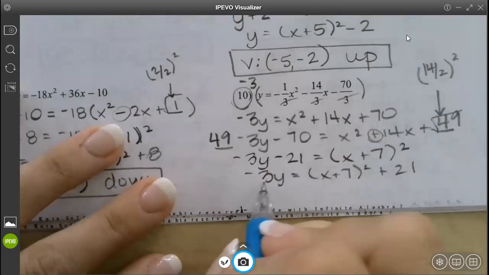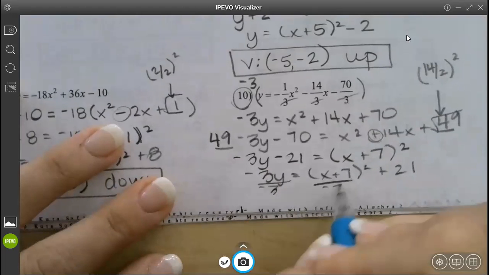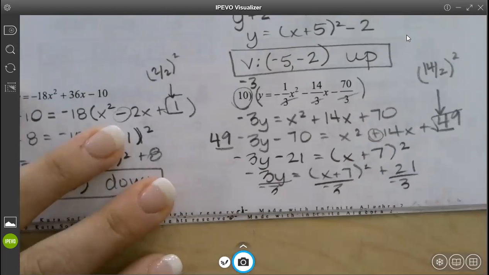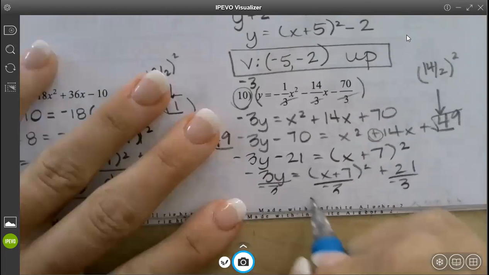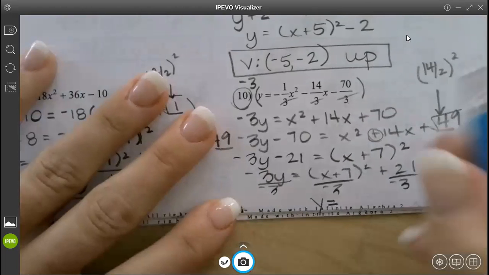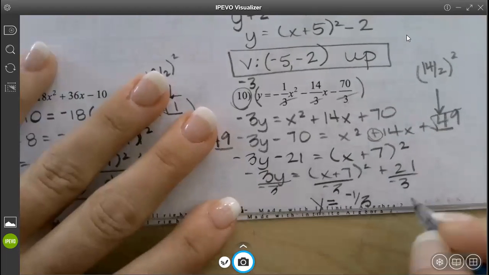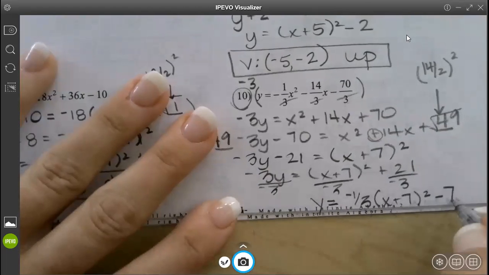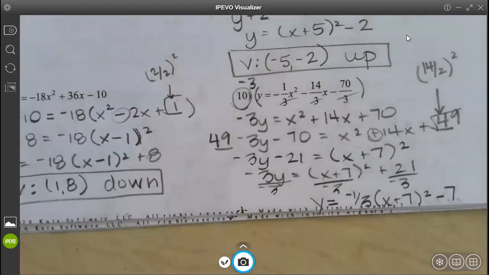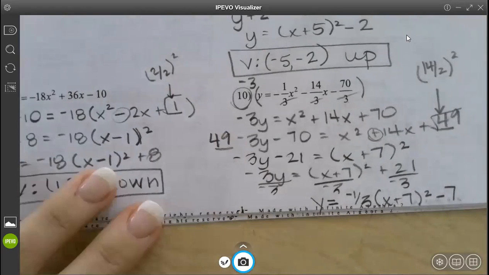And then we're going to divide everything by -3. And we get y equals -1/3 (x plus 7) squared minus 7. Negative 1/3 (x plus 7) squared minus 7.